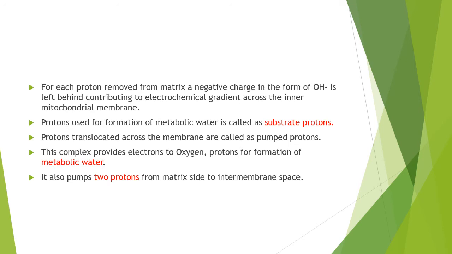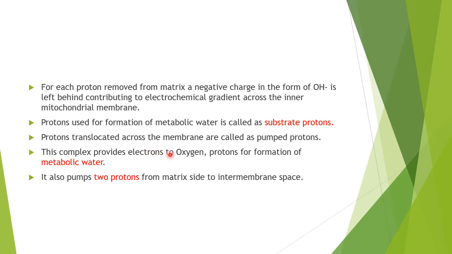For each proton removed from the matrix, a negative charge in the form of hydroxyl is left behind, contributing to the electrochemical gradient across the inner mitochondrial membrane. Protons used for formation of metabolic water are called substrate protons. Protons translocated across the membrane are called pumped protons.